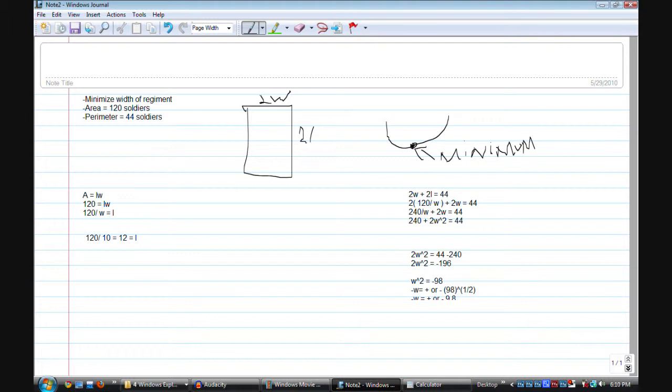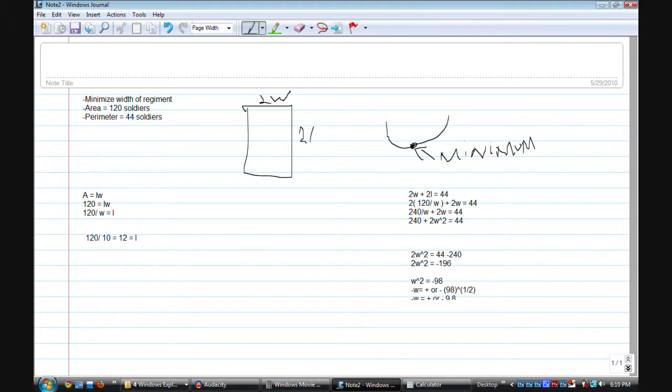I plug in what I got from the other equation, where length is equal to 120 divided by W. I put that 120 divided by W for each L, and I got 2 times 120 divided by W, plus 2 times width is equal to 44, which gives me 240 divided by W plus 2W is equal to 44.